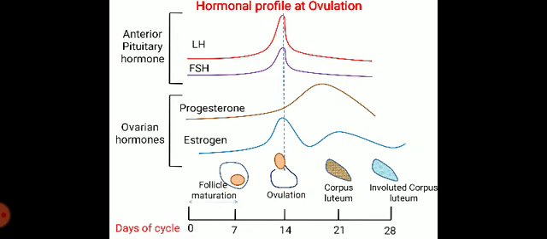Progesterone level increases in the luteal phase, while the estrogen level increases before the ovulation, and at the time of ovulation the level of estrogen decreases, and then it slightly increases and further decreases in the luteal phase. Thank you.